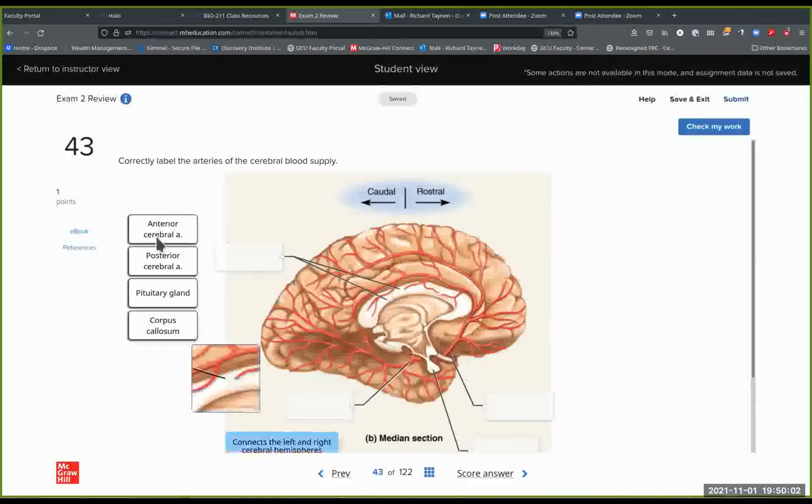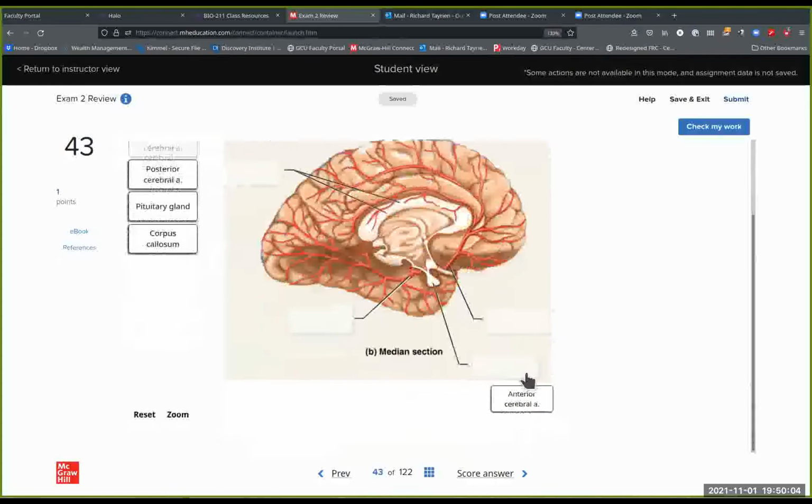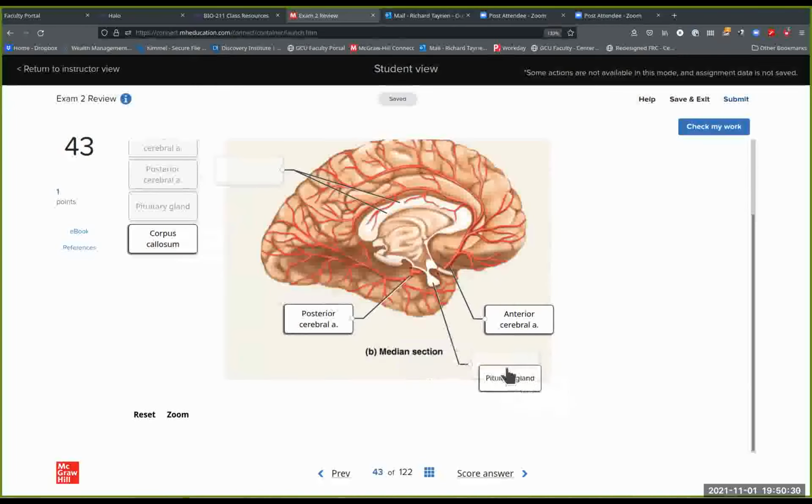I believe that's right. And let's see. They're showing corpus callosum, pituitary gland, and then, of course, this one coming out the back here, posterior cerebral. And then the middle cerebral runs out and around the outside of the cerebral hemisphere. There's a pituitary gland and the corpus callosum.